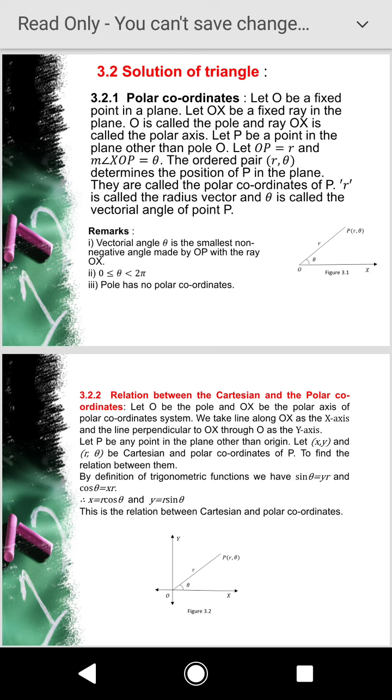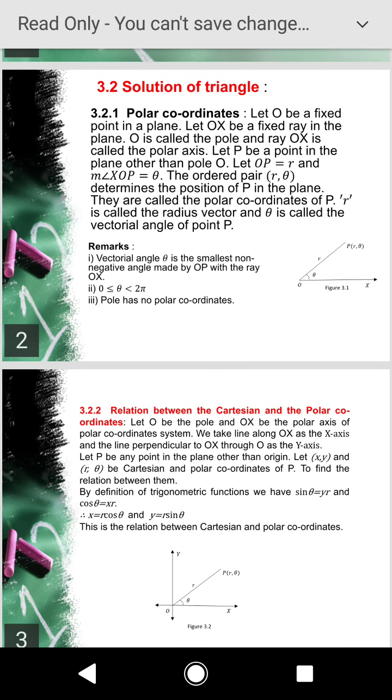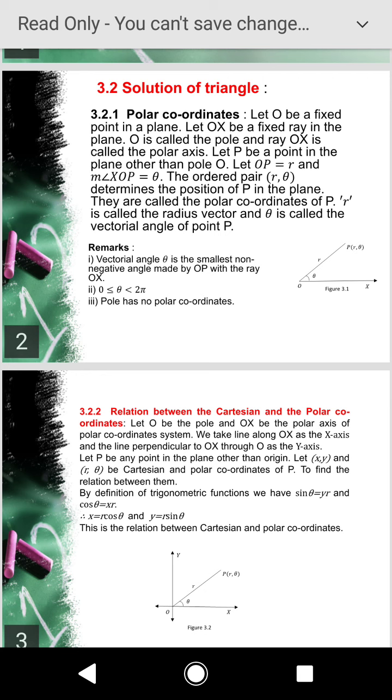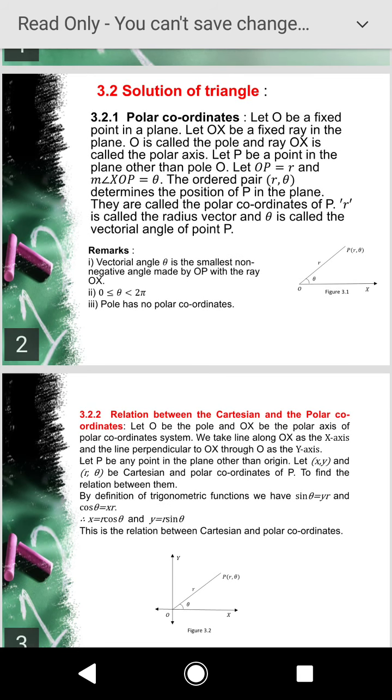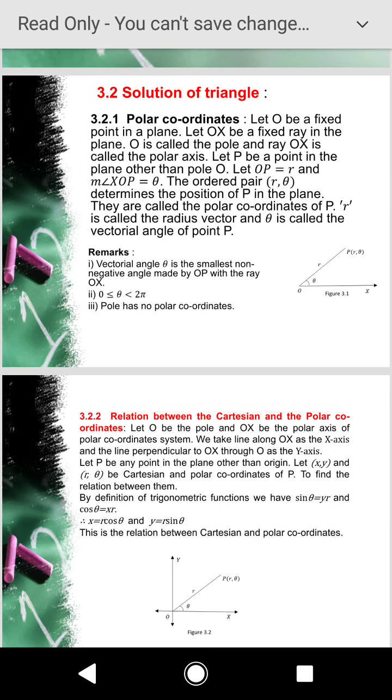O is called the pole and ray OX is called the polar axis. Let P be a point in the plane other than pole O. Let OP equal to r and the measurement of angle XOP equal to theta.